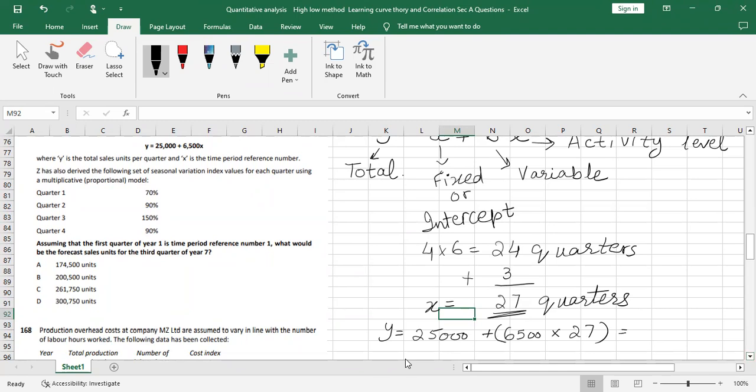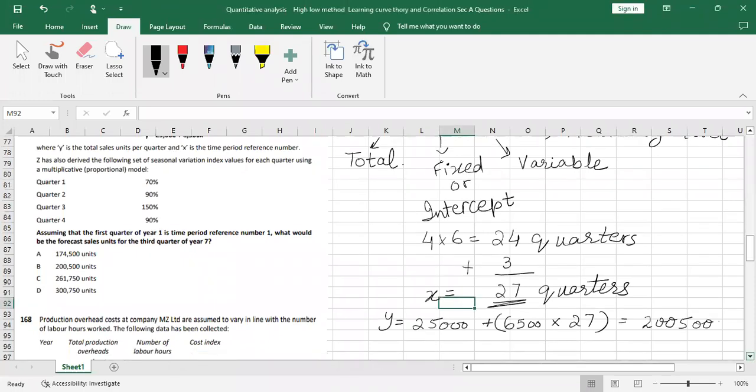What would be the answer? 200,500 is the total value of Y, right? But it is not the answer.